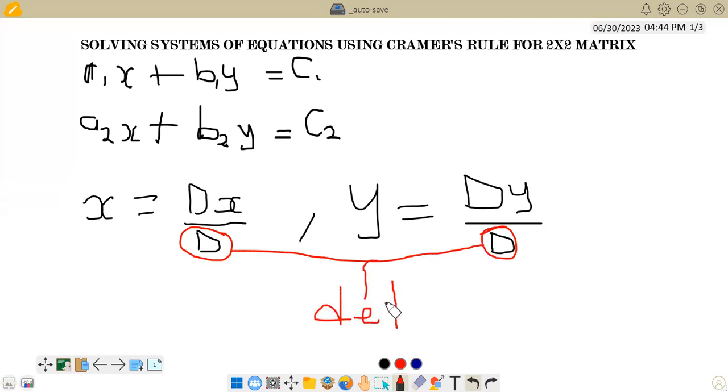It means it is required for us to find the determinant of this equation. Then we'll find the Dx, then we'll find the Dy. I'll explain how we can calculate Dx and Dy.